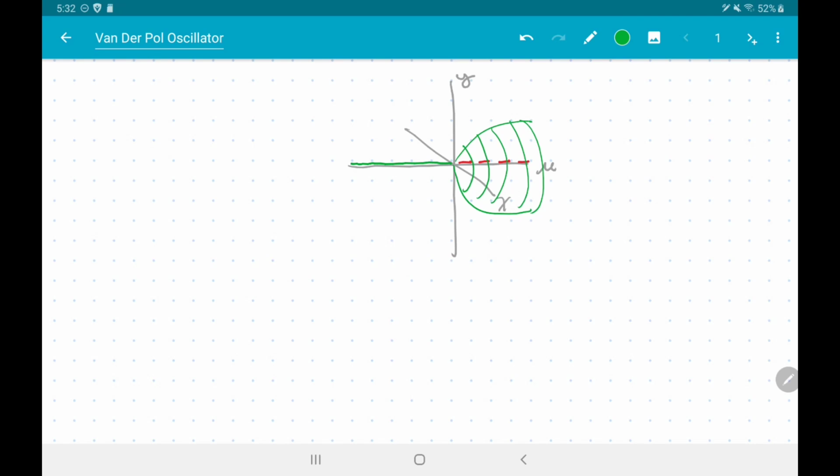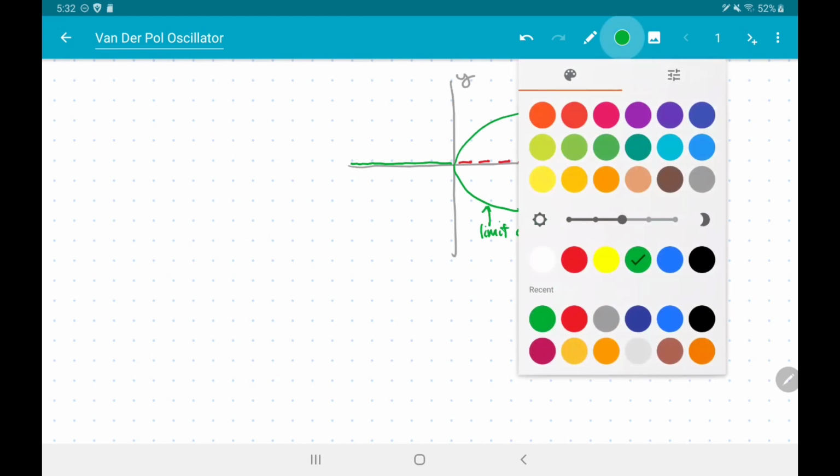So you will sometimes see bifurcation diagrams drawn in 3D like this, or you may just see that much of it. So it sort of looks like a pitchfork bifurcation, but the idea here is that this is a limit cycle.